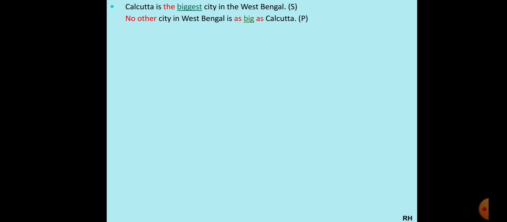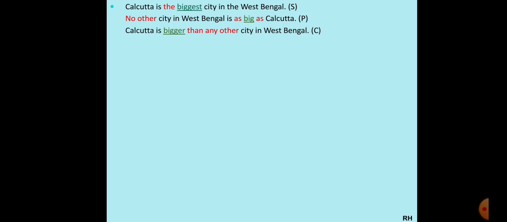So positive will become like this: no other city in West Bengal is as big as Calcutta. Biggest will become big, and city in West Bengal will come in the beginning. Are you able to understand, students? And the words which are required are highlighted for type 1. Then when you change it into comparative, as I said, only in positive the subject will remain in the beginning and the object in the end.